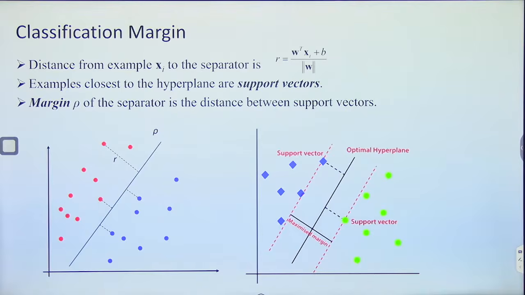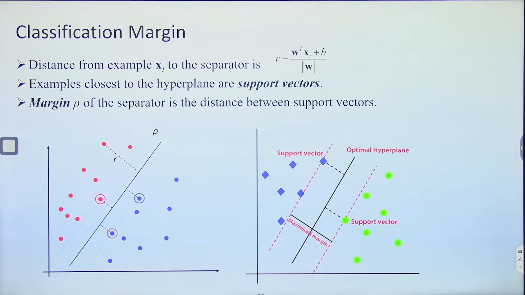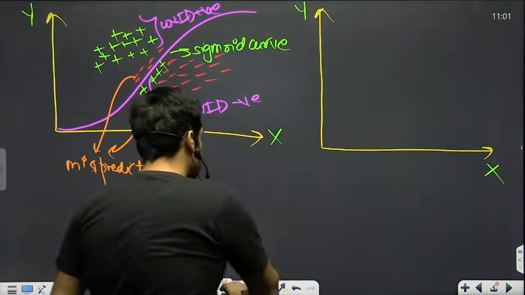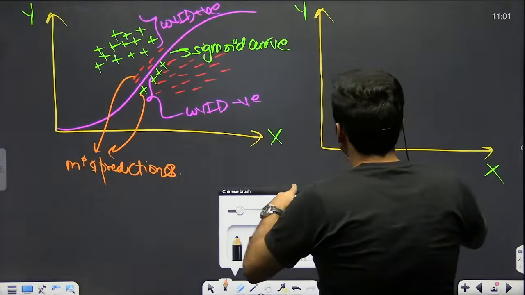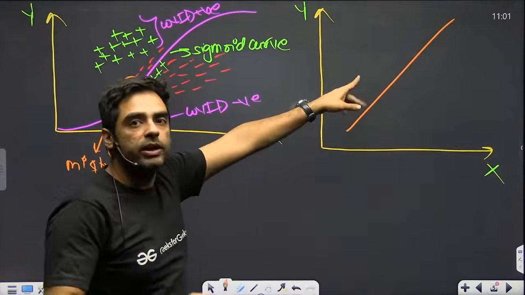Now, along with this hyperplane, the algorithm says that instead of this, I would fit a hyperplane. Okay, that is good.